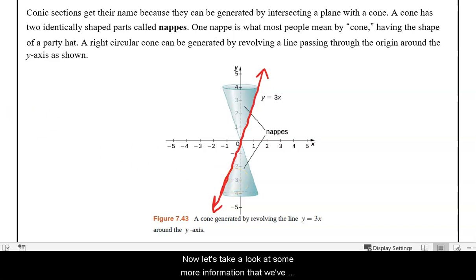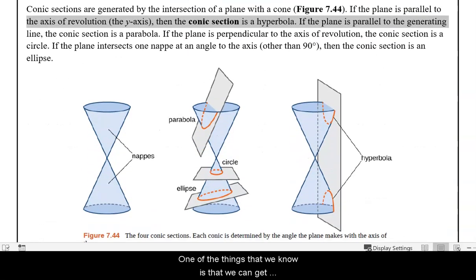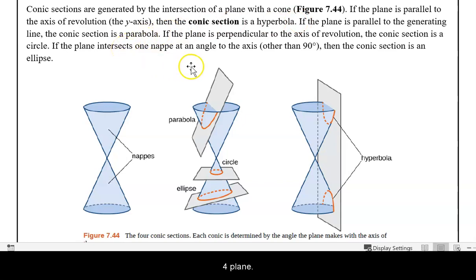Now, let's take a look at some more information that we've already learned about cones. One of the things that we know is that we can get different shapes by intersecting the cone with a line or a plane.